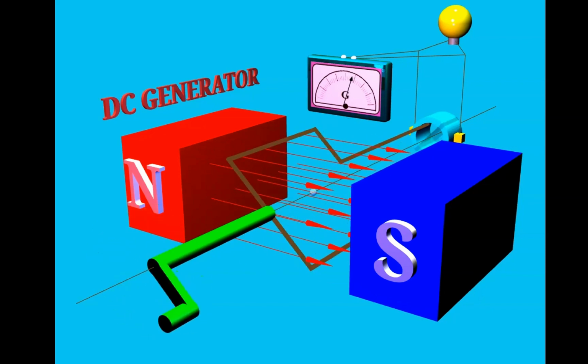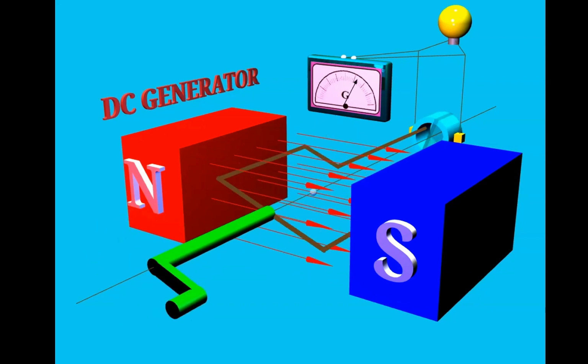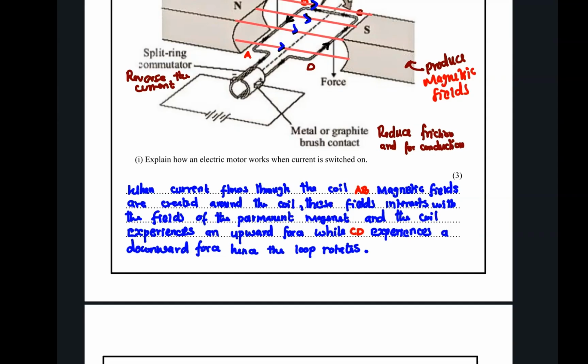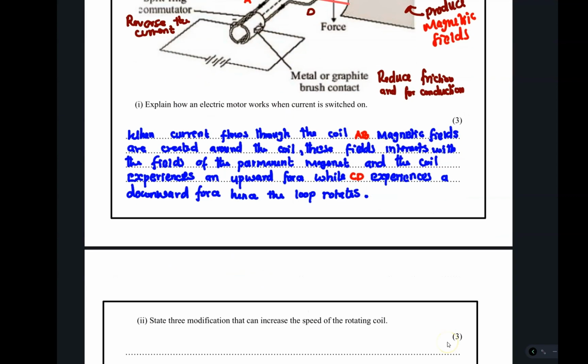Now when the loop cuts across the magnetic field, electric current is generated in the conductor. A generator produces current, but a motor uses current to bring about rotational motion. So when a wire cuts across a magnetic field, a voltage is induced in the wire through electromagnetic induction.